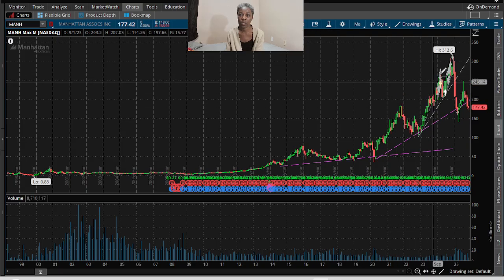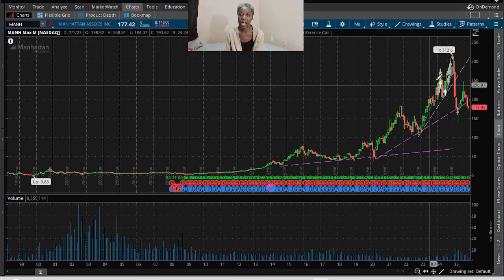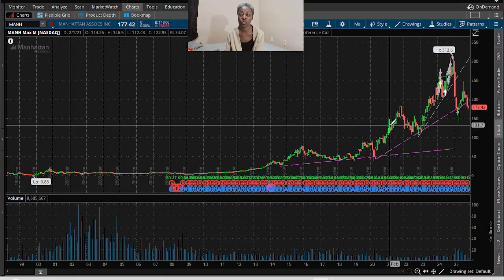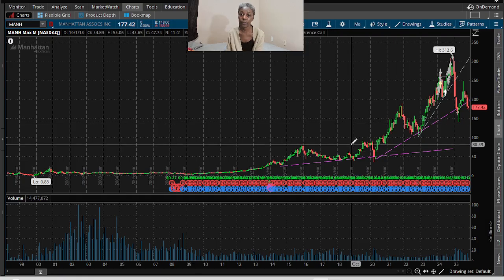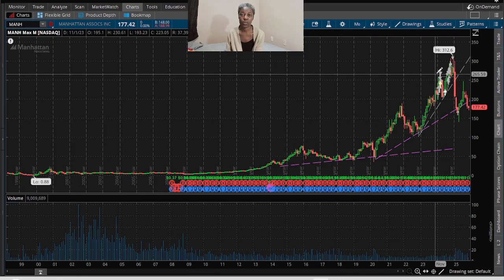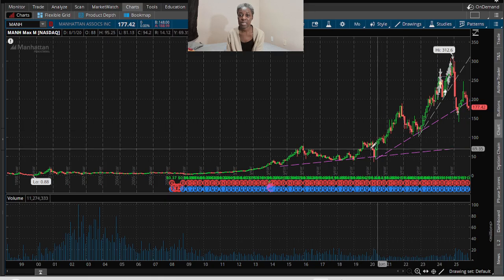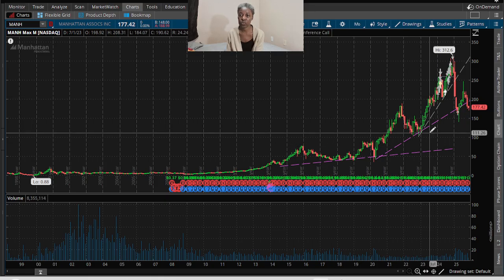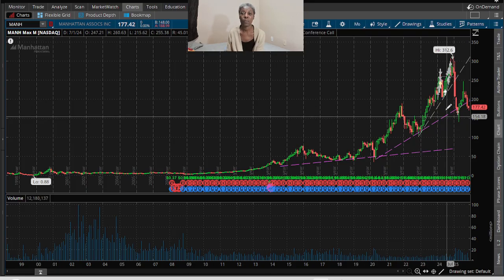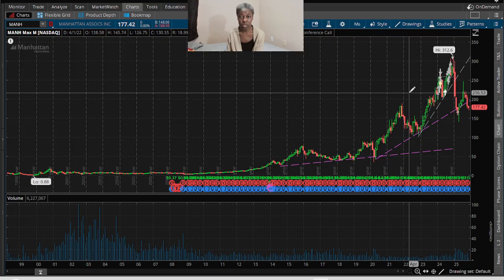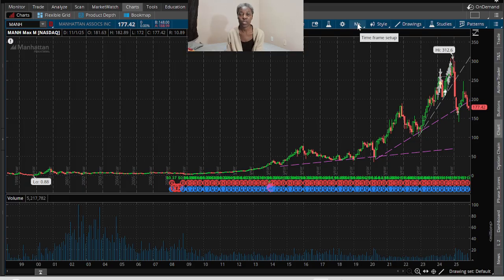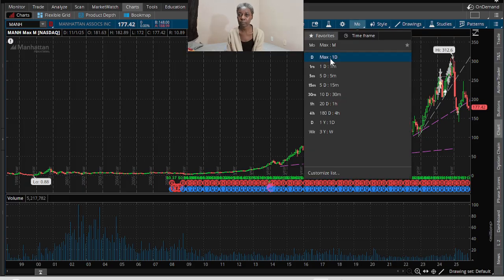The peak of the mountain continues to be higher and higher, showing growth on both sides. The value line is growing, the peak is growing as well. It is a good stock to swing trade, and determining where to buy and where to sell before you enter the trade is a good strategy as well.